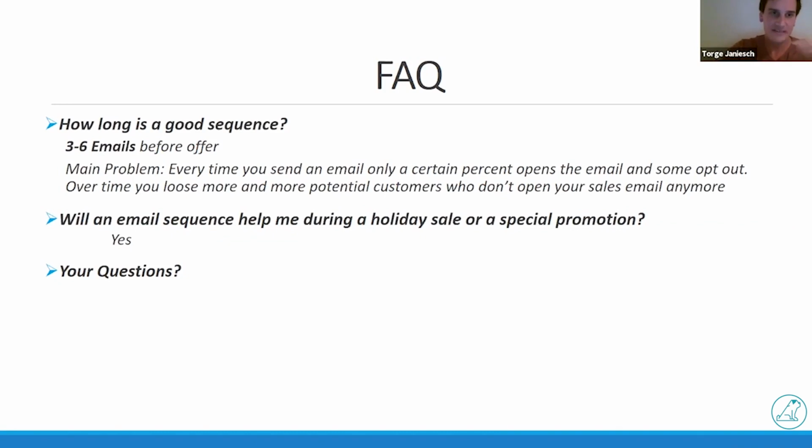So the important thing is to not wait too long. 6 is the maximum. I prefer 3 to 4 before you offer them something, because people get bored or lose interest way too fast.